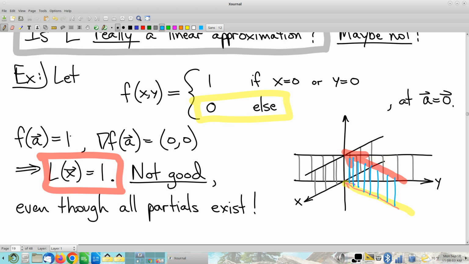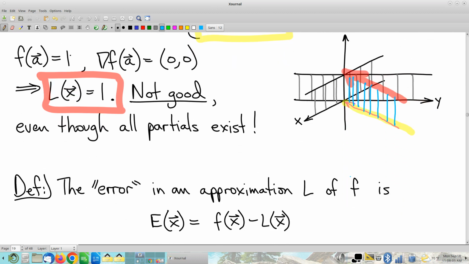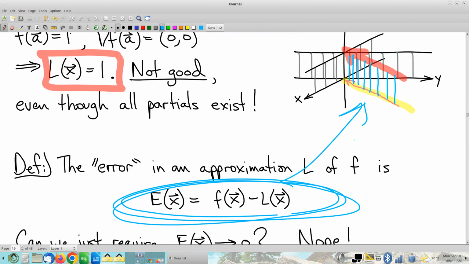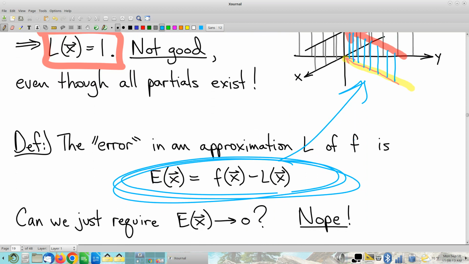How about we just say, look, maybe I should just require that the error approach 0. That would eliminate this as a possible linear approximation. This requirement that the error approach 0 would say this is clearly not a good linear approximation.